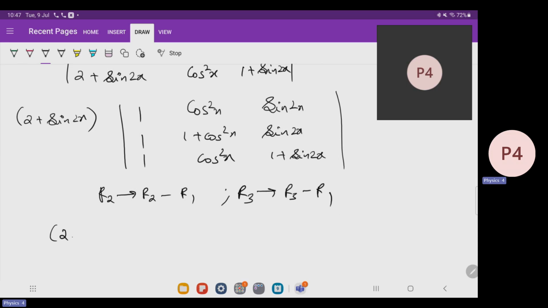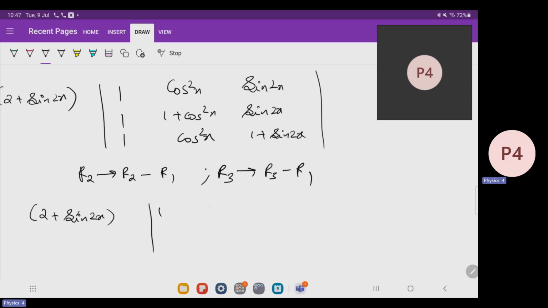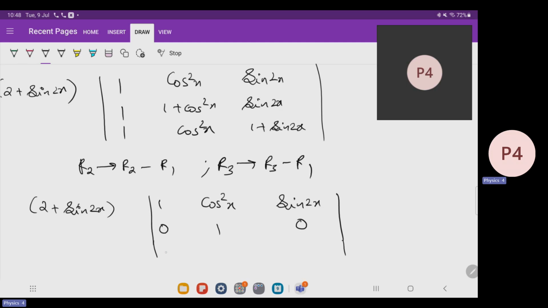So this will become 2 plus sin 2x. R1 is going to be as it is, so 1, cos square x, sin 2x. R2 minus R1, so this will become 0, 1, 0, and R3 will become 0, 0, 1.